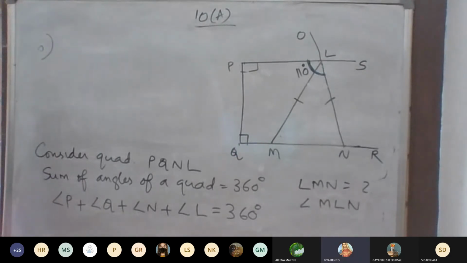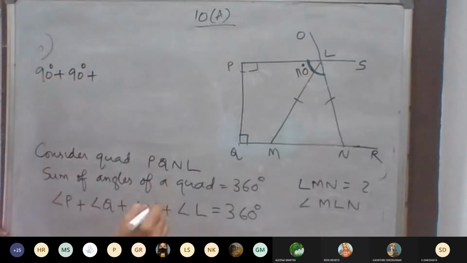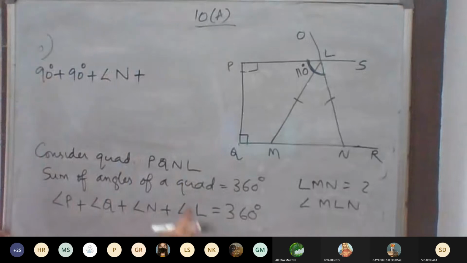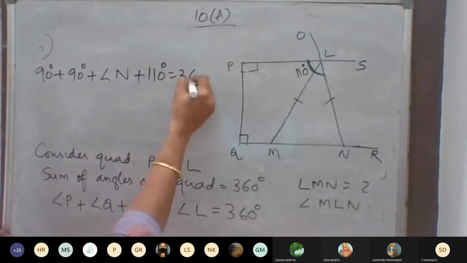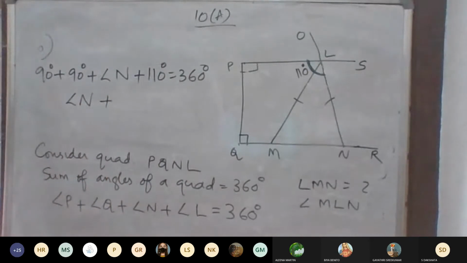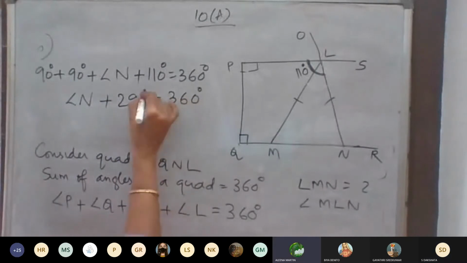90 degree plus 90 degree plus angle N plus angle L, we have 110 degrees, is equal to 360 degrees. So angle N plus 90 plus 90 plus 110, that is 290. Angle N plus 290 is equal to 360 degrees.